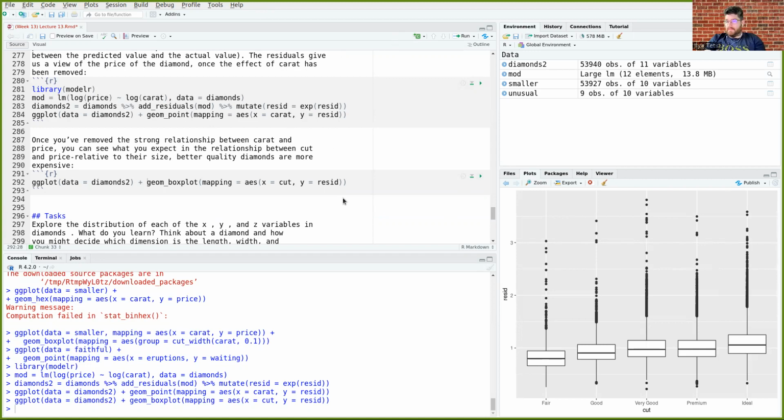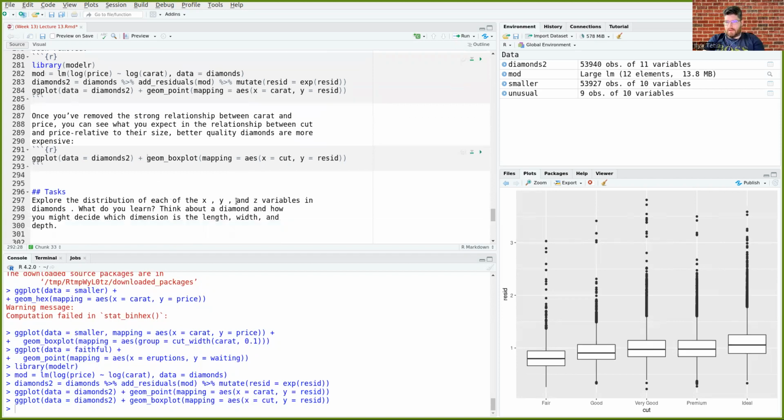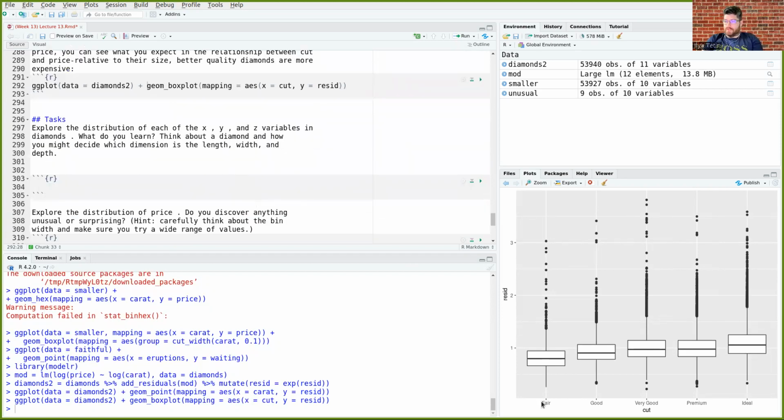All in all, when we model this relationship, we can see that the fair cut diamonds have a lower price than the ideal cut diamonds, and this is the goal we have been going for. And if we compare, I don't remember exactly where, but when we first plotted these values, we saw that the fair cut diamonds had a larger cost than the ideal cut diamonds, which was quite odd. So here we dealt with this kind of problem. All right.